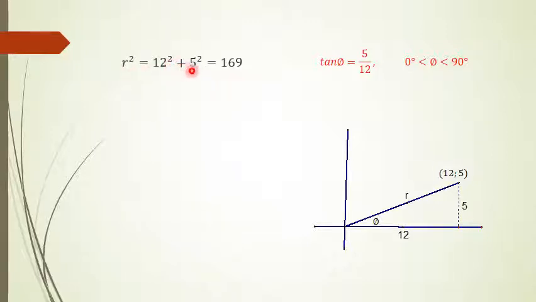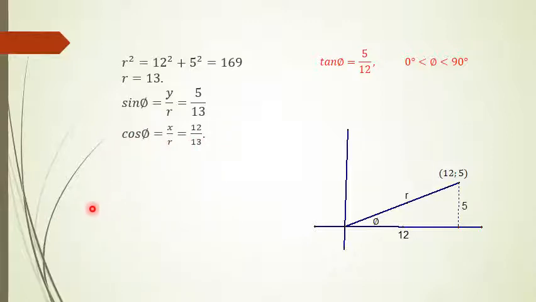That's 12 squared plus 5 squared, equal to 169. Taking the square root and remembering r as a length is always positive, we obtain r equal to 13. Now we can write down the trig ratios. By definition, sine phi is y over r, y is 5, r is 13, so that's 5 over 13. And cosine phi is x over r, x coordinate is 12, r is 13, so cos phi is 12 over 13.